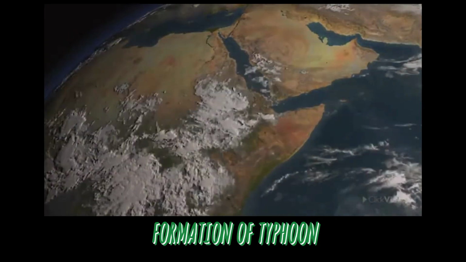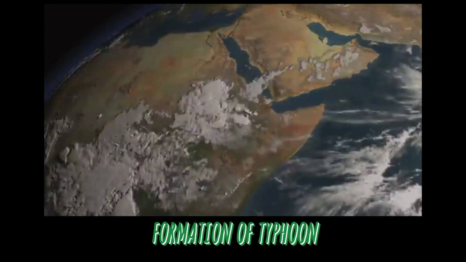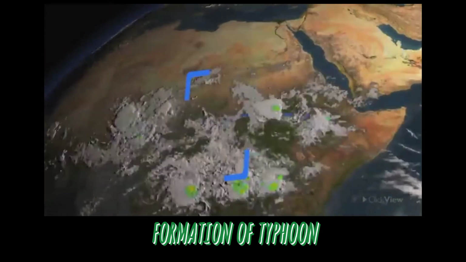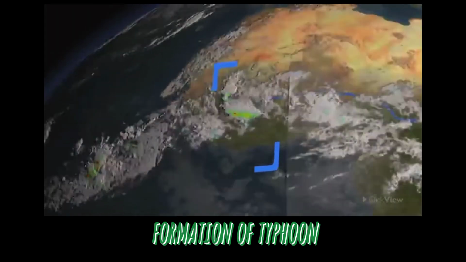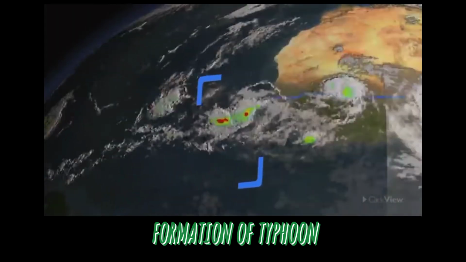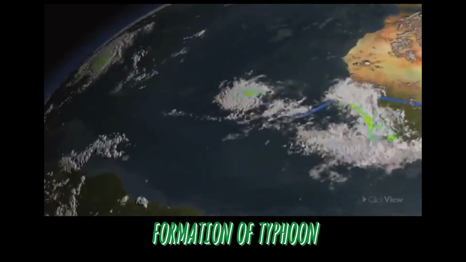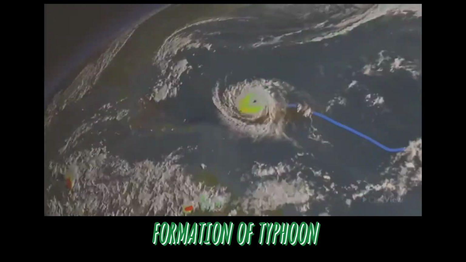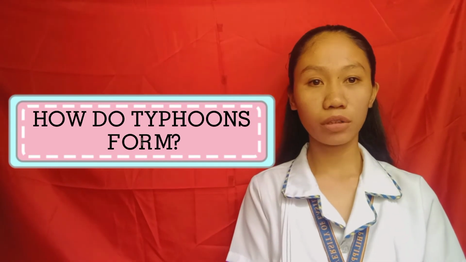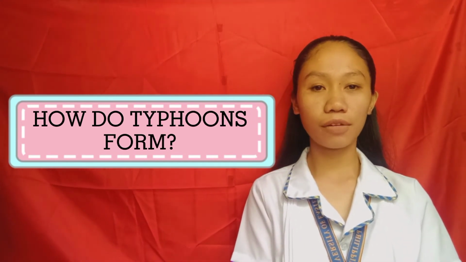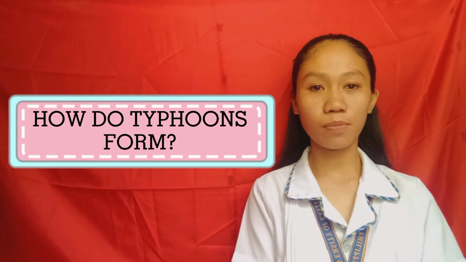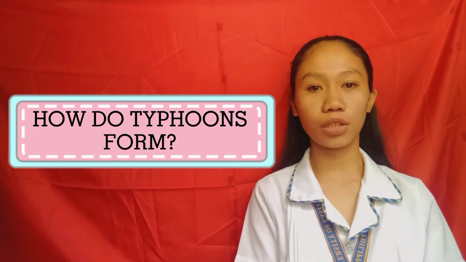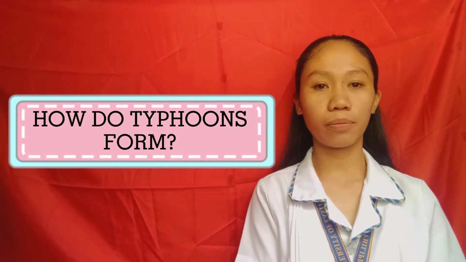Once formed, the cyclone's movement or track follows a pathway away from its source, driven by global wind circulation. As warm ocean waters feed it heat and moisture, the cyclone continues to enlarge. We are all now aware that a typhoon forms when the winds blow into the areas of the ocean where the water is warm.